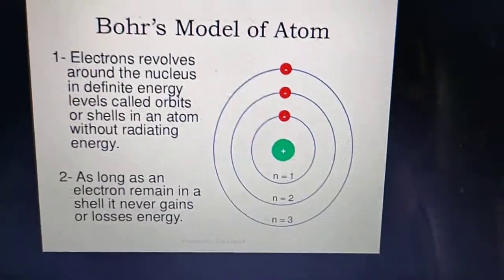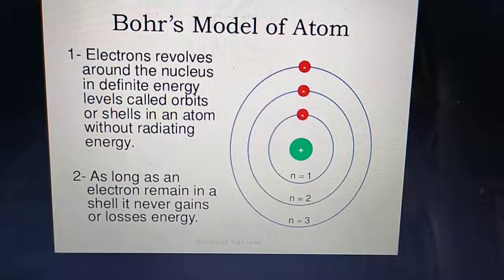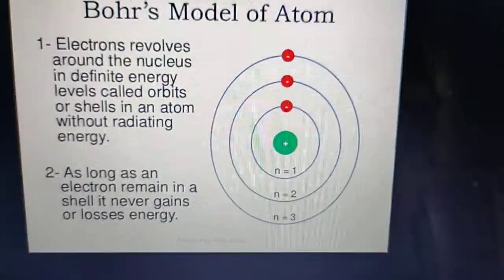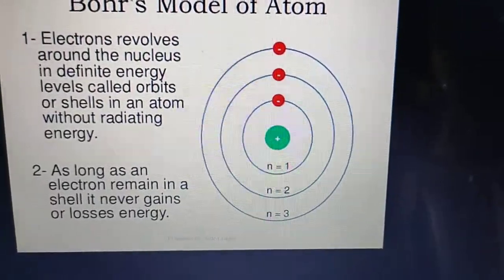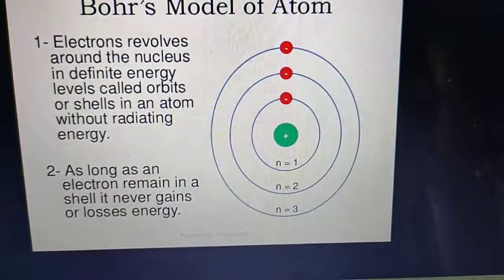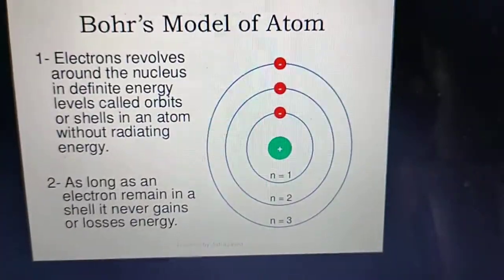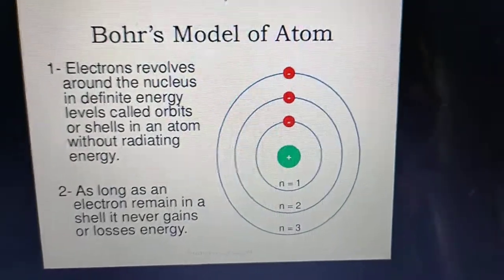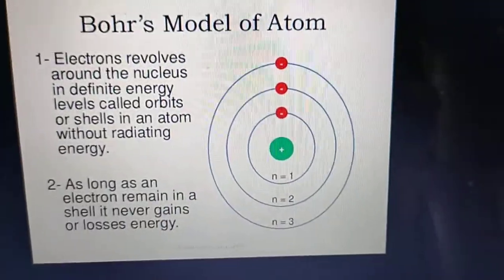Suppose I ask you how many electrons can be accommodated in the K shell. What is the quantum number of K? n is equal to 1. Put the value of n in the formula 2n², so 2 into 1 squared is 2. So a maximum of 2 electrons can be accommodated in the K shell.